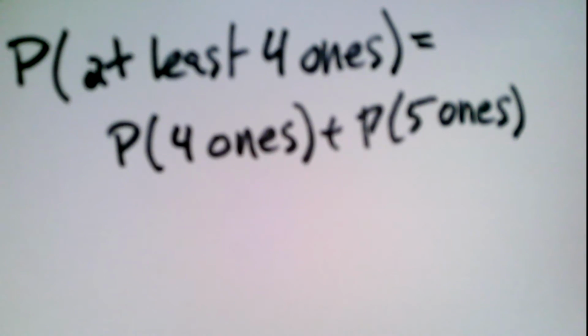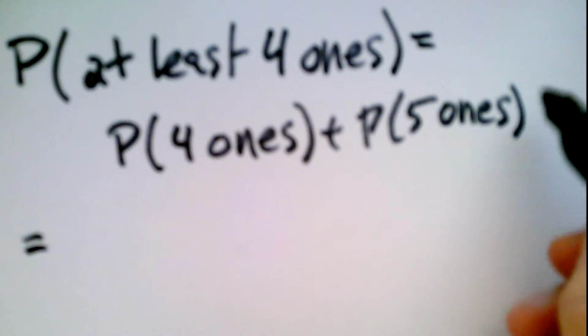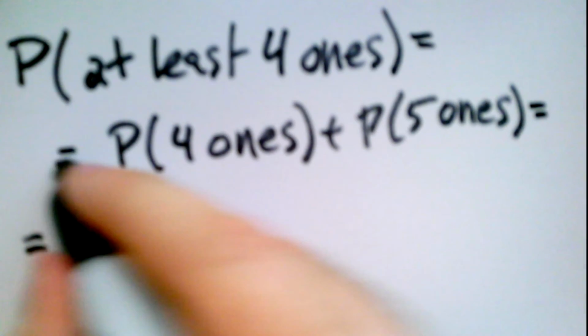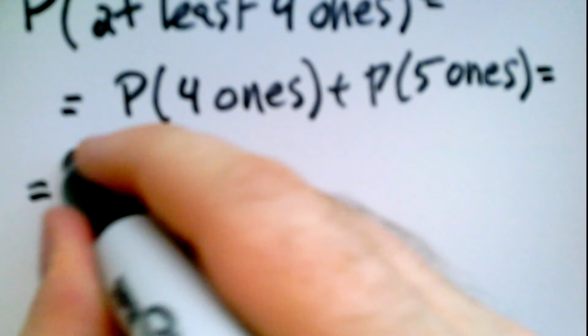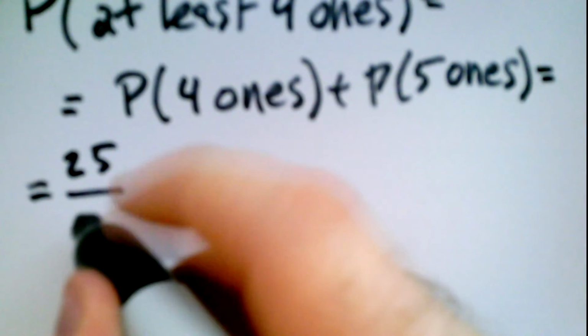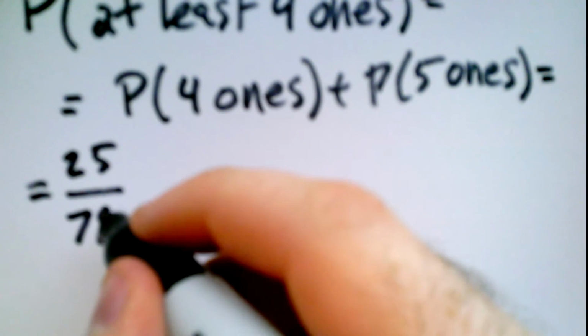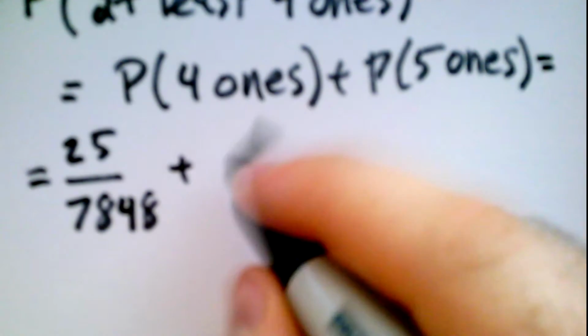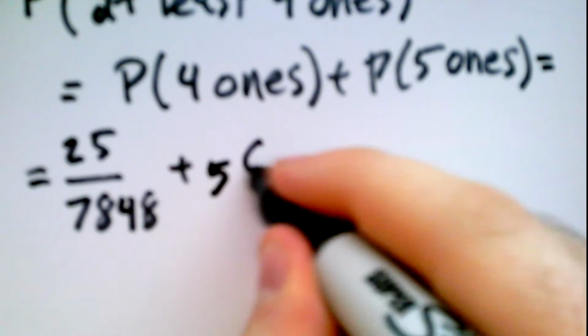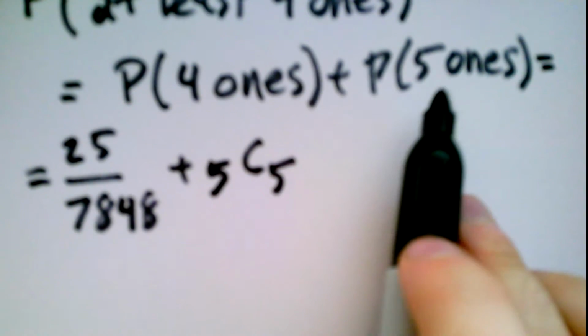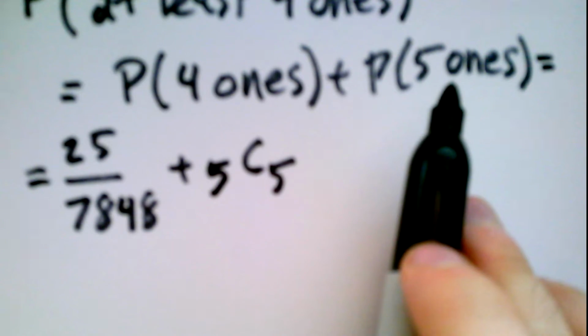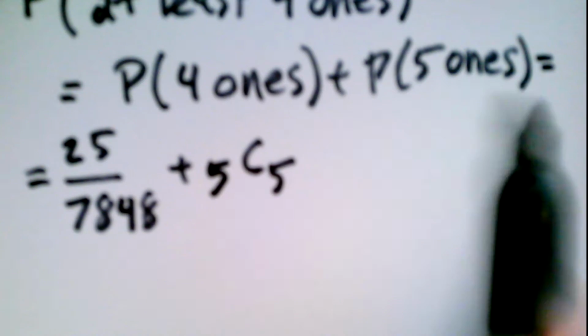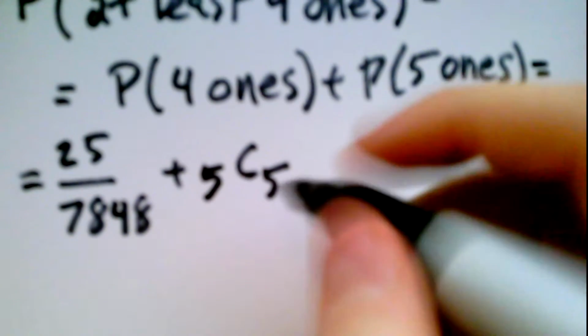So we can just write that one in. So we get 25 over 7,848 plus we have 5 choose 5 because in this case there are 5 successes that we need. So that's out of 5 rolls we get 5 successes. That's this.